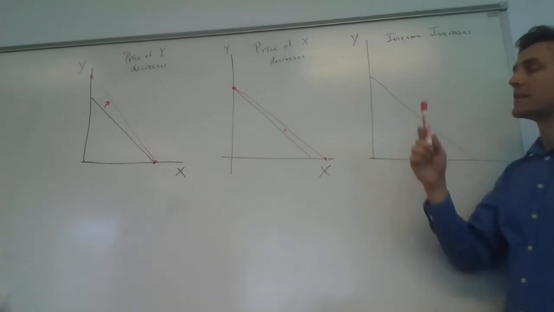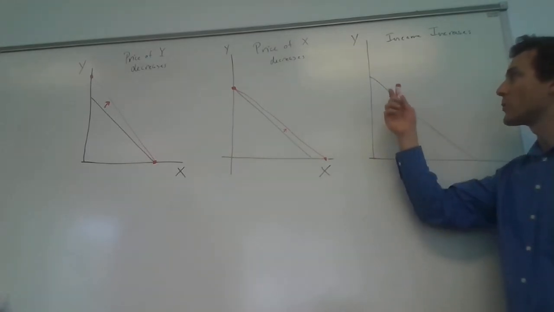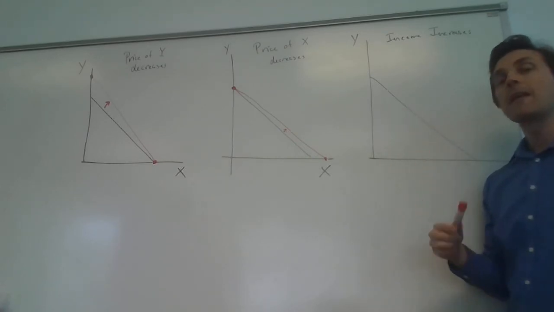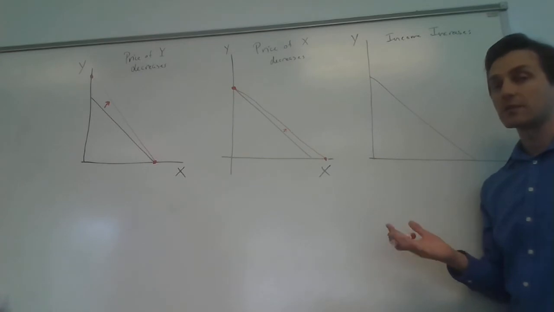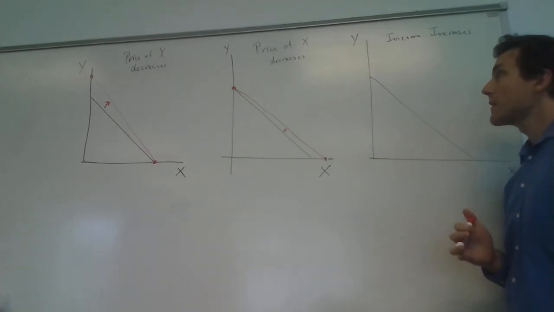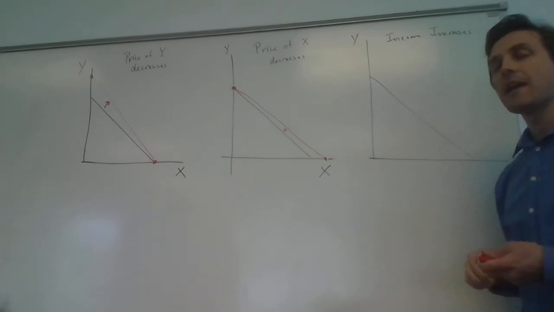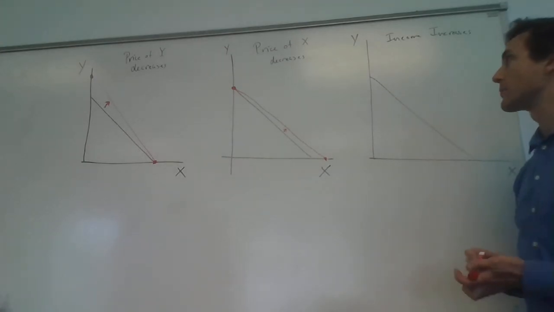So if income is changing, then the slope of the new budget constraint should be the same as the slope of the old budget constraint, meaning the budget constraints should be parallel to each other if income is the only variable that's changing. Now, if income is increasing, that means you can buy more of either type of good, right?